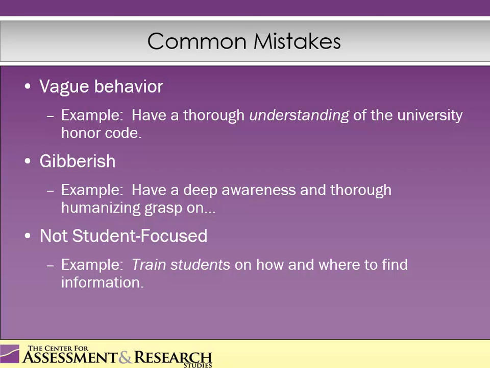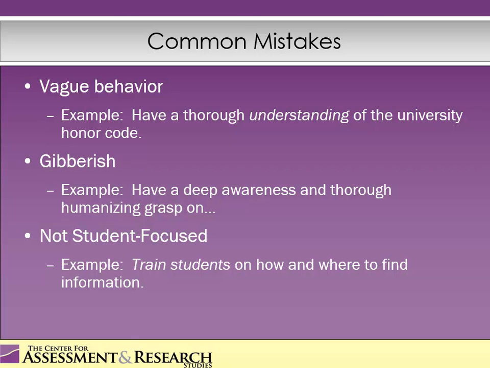Let's briefly go over the common mistakes that are made when writing program objectives. The first one is using vague behavior when describing student outcomes, such as students will have a thorough understanding of the university honor code. Remember that the behavior should always be measurable. Another common mistake is gibberish. For example, writing something like, students will have a deep awareness and thorough humanizing grasp on the concept.